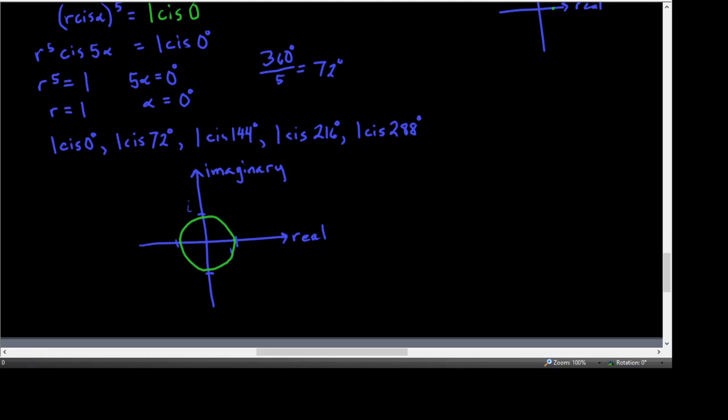All right, so the first answer is on that circle, 1 away from the origin, at 0 degrees, and then at 72 degrees, then at 144 degrees. Let's see, what would that be? About right here. And then 216 degrees, and then 288 degrees.